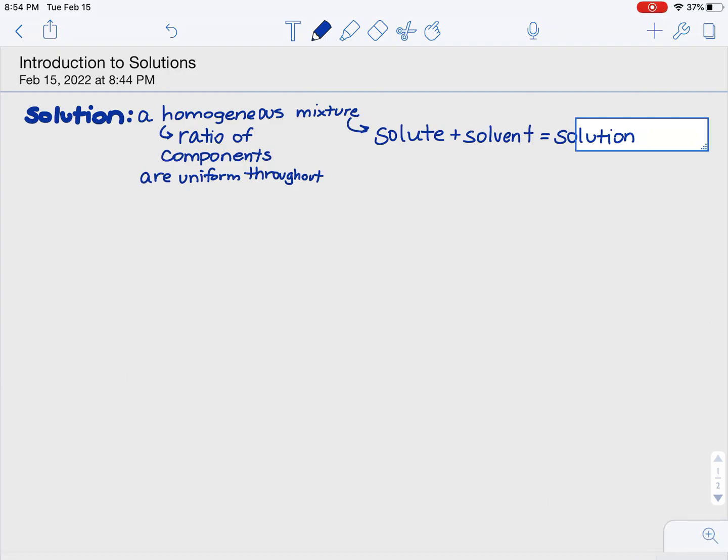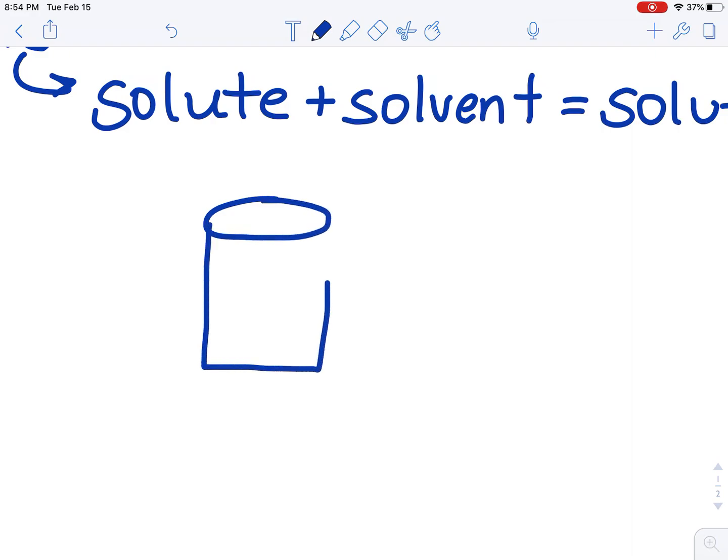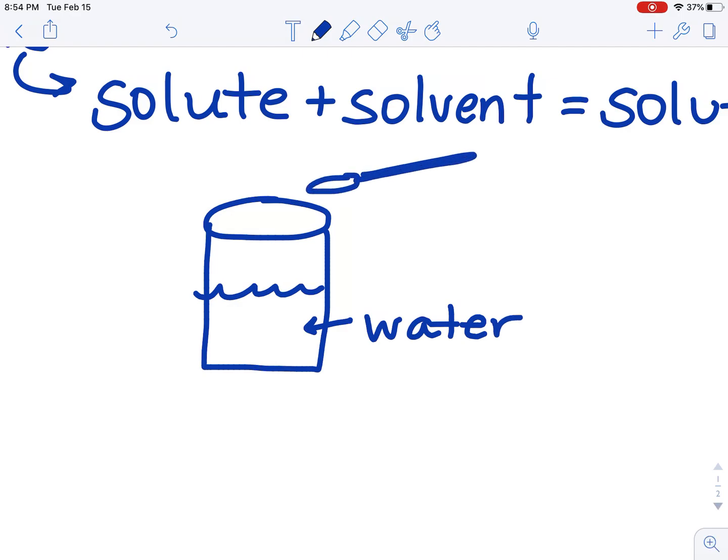Let's start with a picture, you know me, science teacher, not art teacher, where I'm trying to show you the making of a solution. I have water, and I have a spoon or a scoopula or something along those lines filled with salt.